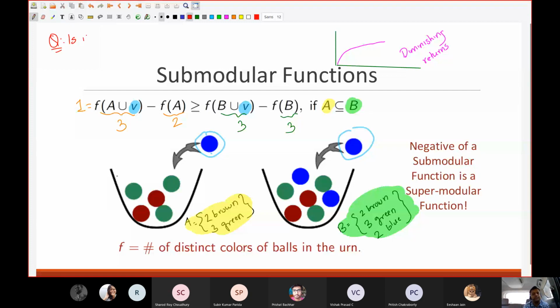Is it necessary, okay, for a submodular function f, that f of A is less than or equal to f of B if A is a subset of B?